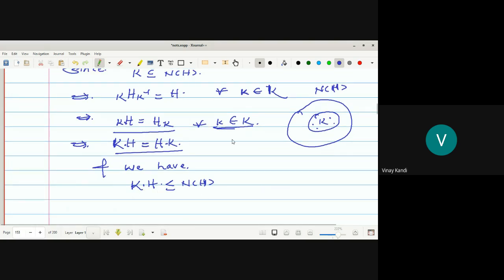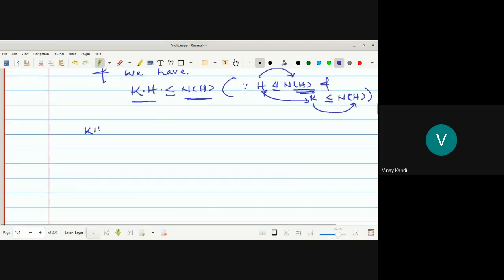Since H is normal in N of H, and K is a subgroup of the normalizer of H, the product of these two is a subgroup of N of H. Now what we have: K into H is a subgroup of the normalizer of H.